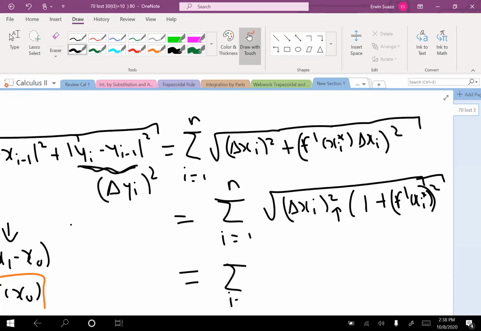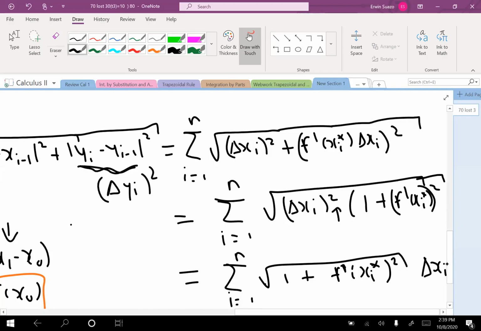So you get the sum, i equals 1 to n, of the square root of 1 plus f prime of xi star squared, and I'm going to take the delta xi out.